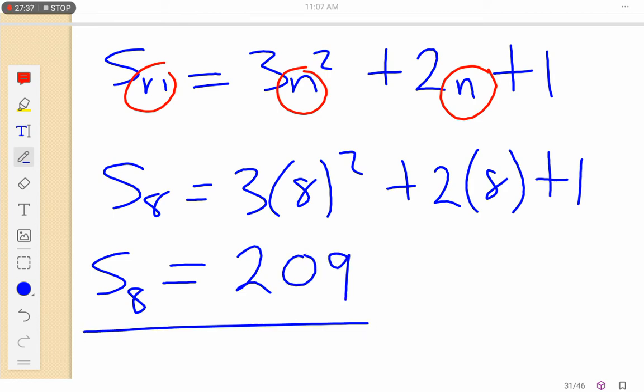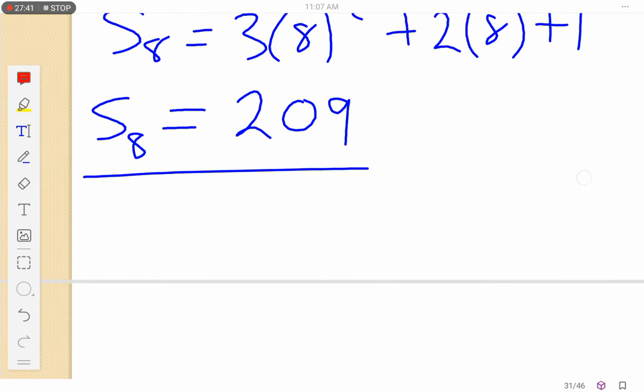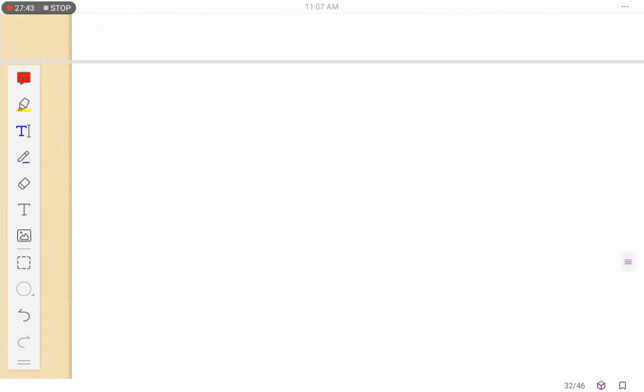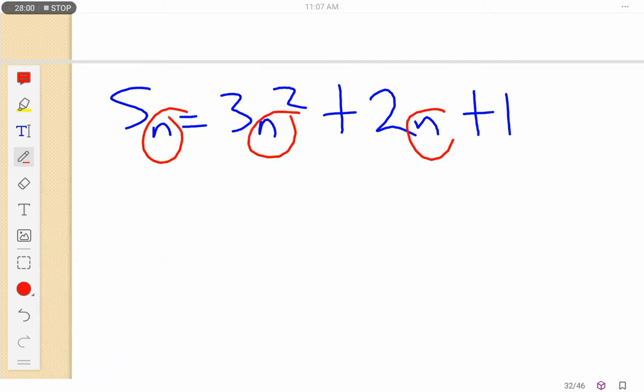Let's do the next one, S of 7. For S of 7, the summation of 7 terms, our formula is Sn equals 3n squared plus 2n plus 1. In this case, our n is 7, so we substitute for every n there with 7.